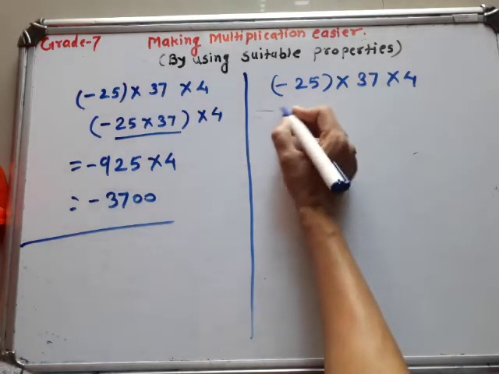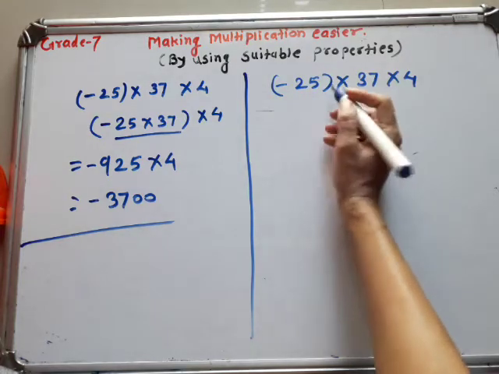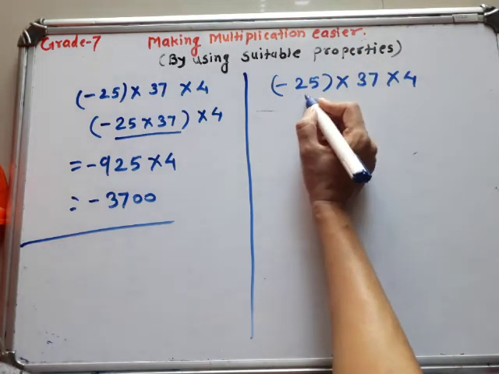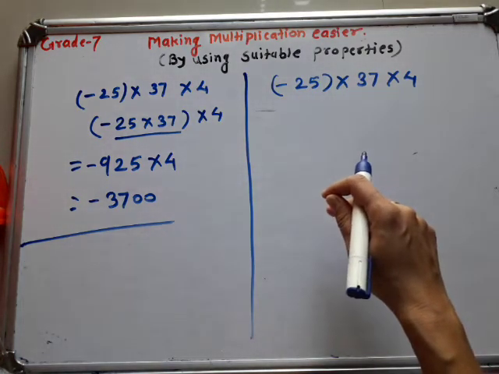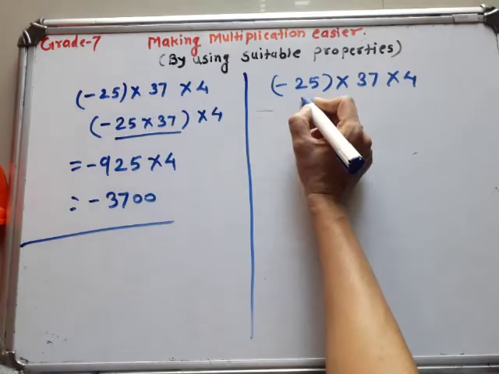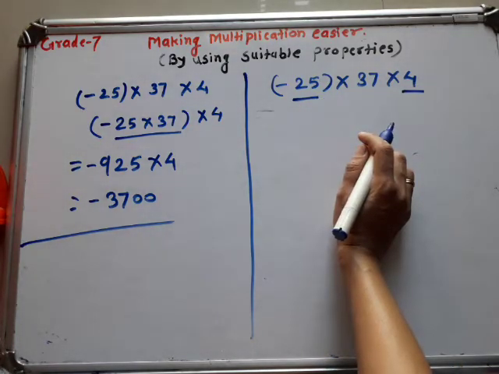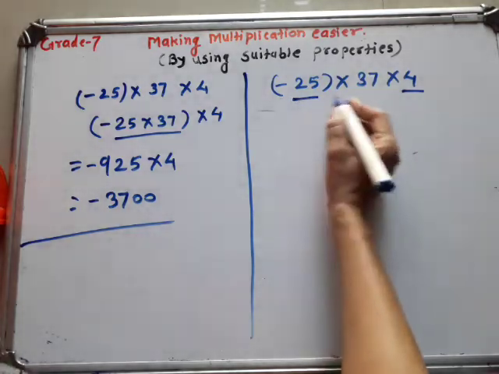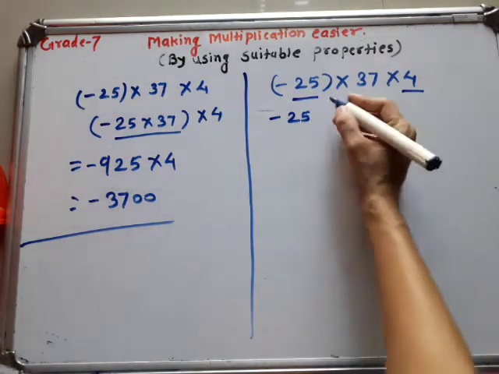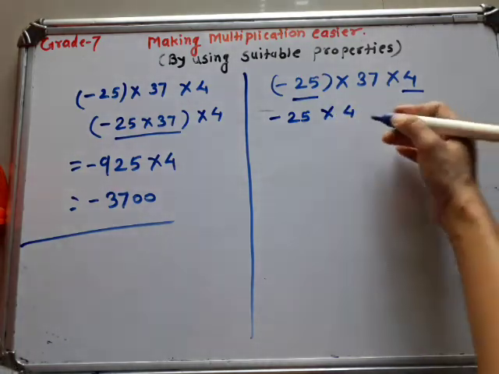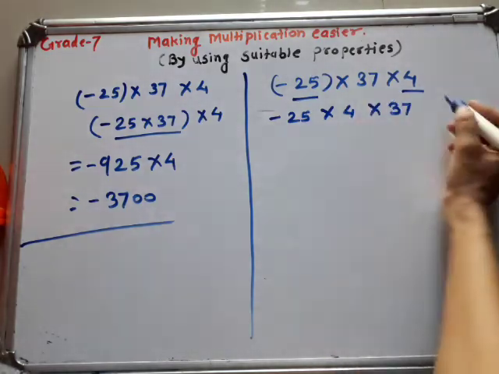So here you have to select two numbers whose multiplication will be a rounding figure. Okay, suppose we take two numbers, 25 and 4. 25 times 4 is 100, you already know that. So here we first take 25, then multiply by 4 and multiply by 37. Now we change the order of the numbers.